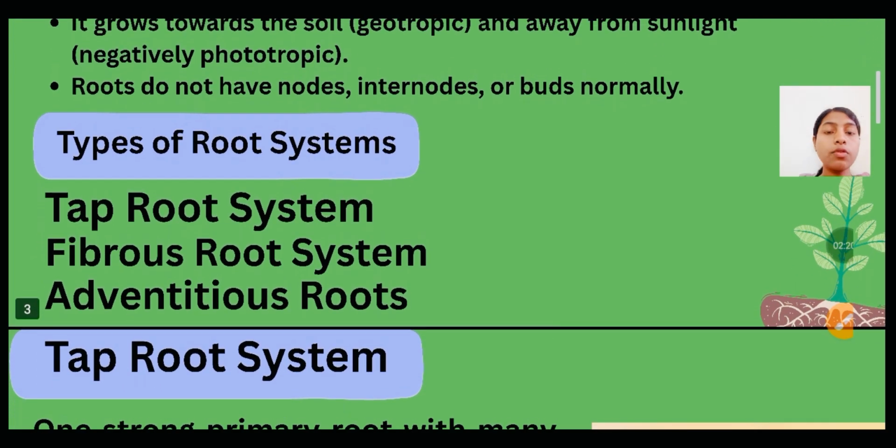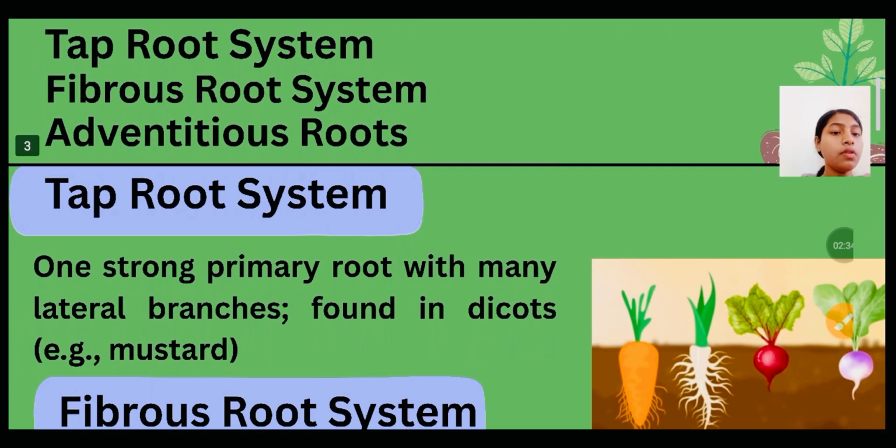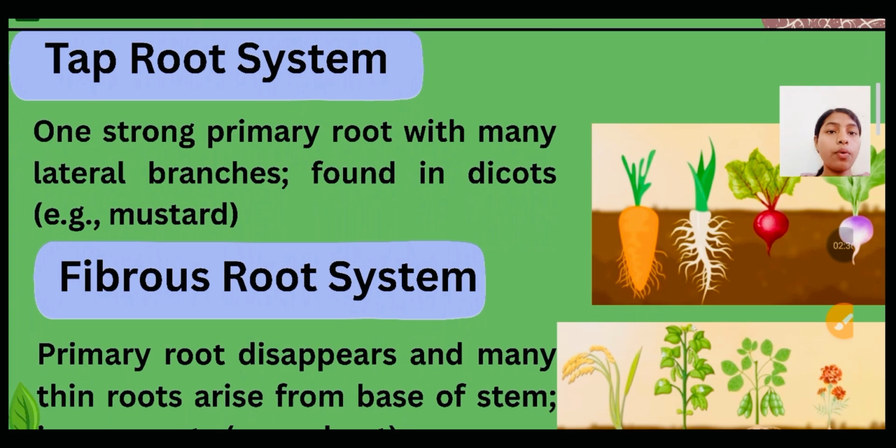Mainly there are three types of root system. First is taproot system, second is fibrous root system, third is adventitious roots. First we will discuss the taproot system. In taproot system, there is one strong primary root with many lateral branches, found in dicots.